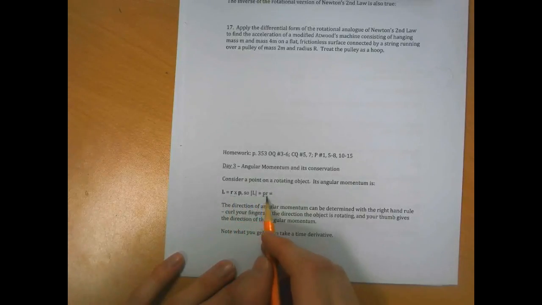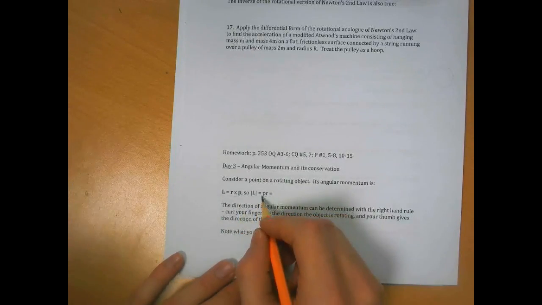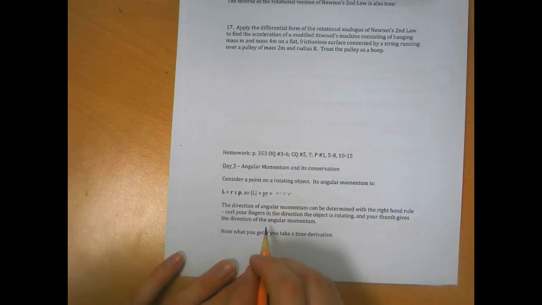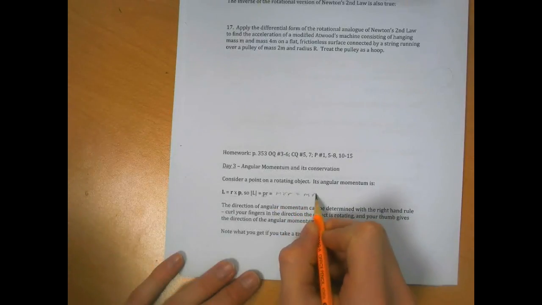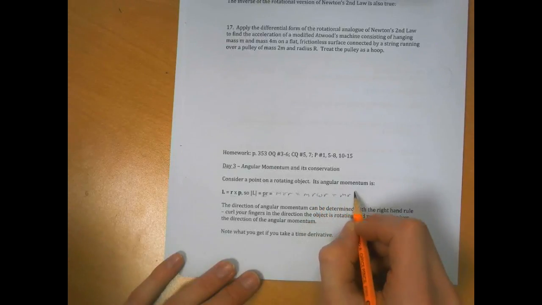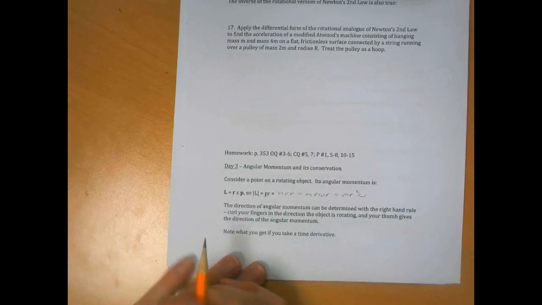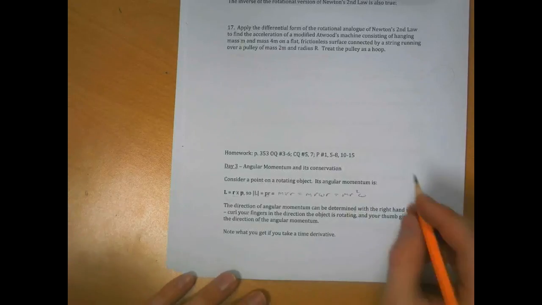And if the point is on the rotating object, then in that cross product you're multiplying two things that are perpendicular, so the magnitude of the cross product is just equal to the product of these two magnitudes. Momentum times r, we know momentum is equal to mv, and we also know that v is equal to r omega, which means that the angular momentum of our point is mr squared omega, and for a point we know that mr squared is equal to moment of inertia.